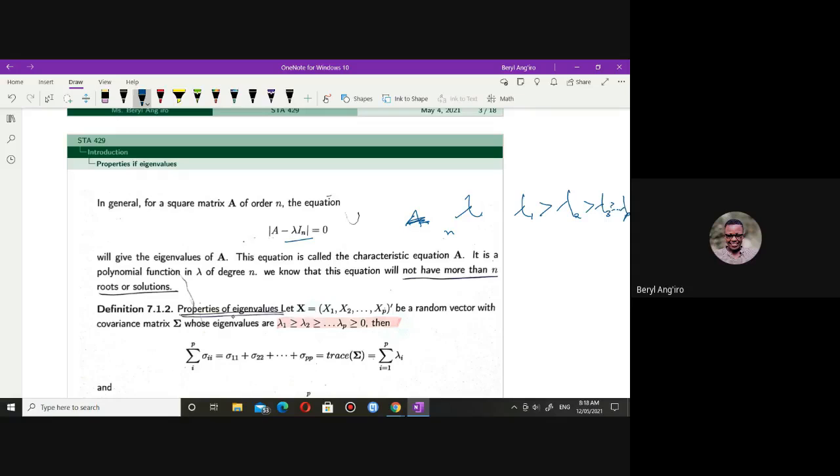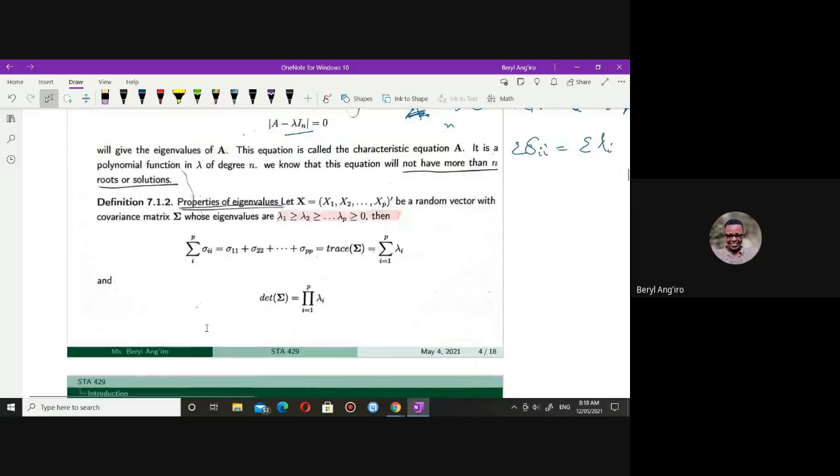Then we have the property that the summation of sigma ii will give the sum of the eigenvalues. And another property is that the determinant of the covariance matrix will be the product of the eigenvalues.